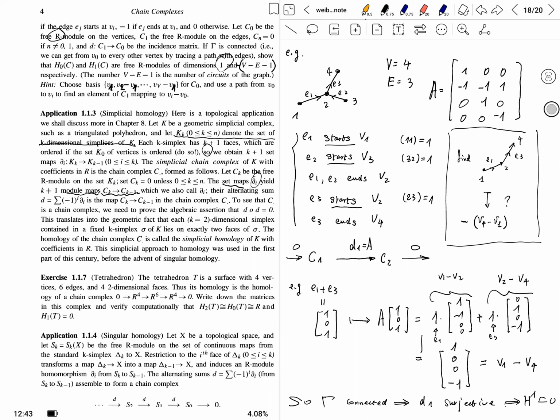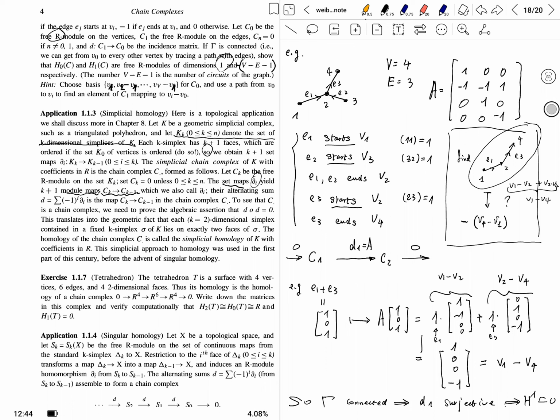that map, let's see another example. For any path, it is mapped to just the addition of the corresponding vertices, remembering the orientation. So E1 is mapped to V1 minus V2, E3 is mapped to V2 minus V4, and altogether it is mapped to V1 minus V4.